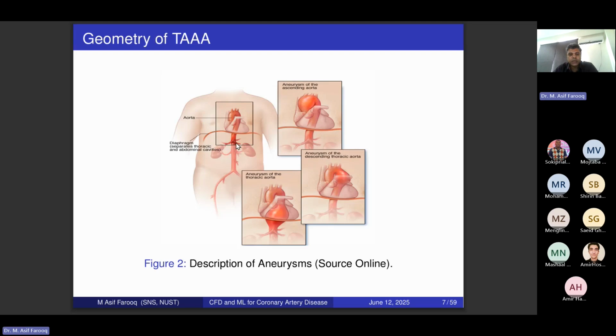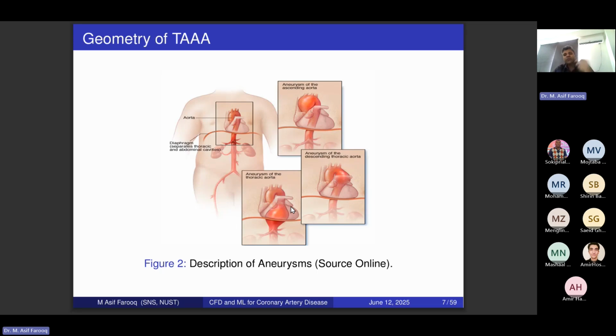You can see the aorta, and here we have one aneurysm. This is the ascending aorta, and here we have an aneurysm. Then we have an aneurysm over here, a balloon kind of thing, and then another aneurysm over here. That's how an aneurysm looks when someone has a problem in their aorta.